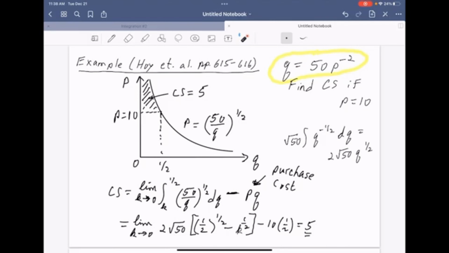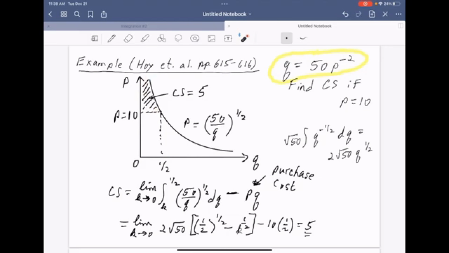So let's look at it first from the function P as a function of Q. So we rewrite this particular equation as P equals 50 over Q, all to the power 1/2. So the square root of 50 over Q. So in order to integrate that, we want to integrate between 0 and 1/2, and we want to look at this shaded area.